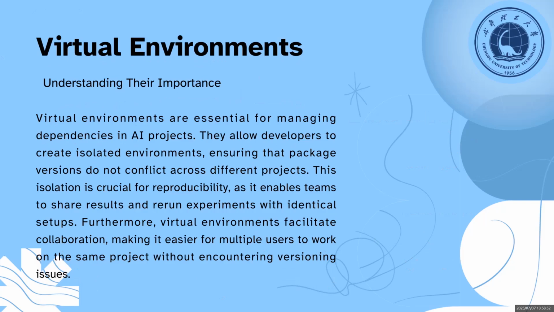This is crucial for reproducibility, as it ensures that teams are able to share results and also rerun those experimental projects with an identical setup. Additionally, virtual environments facilitate collaboration, making it easier for different users to work on the same project without encountering version issues.